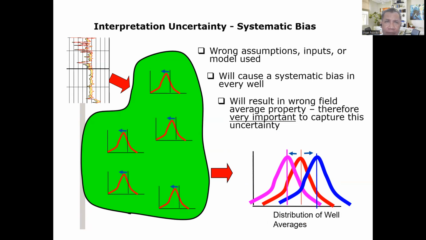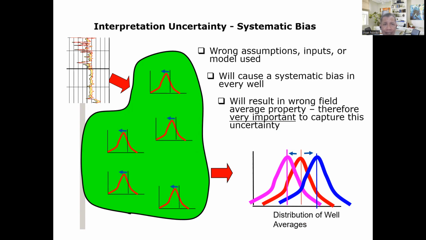So next, interpretation uncertainty. This stage deals with the lack of certainty or confidence in the interpretation of the data or results. Systematic bias in this context refers to consistent error, where deviation is caused by incorrect assumptions, inputs, or models used in the interpretation process. This bias can impact the accuracy of the well data and ultimately lead to incorrect field average properties, highlighting the importance of capturing and addressing this uncertainty in order to make reliable conclusions.